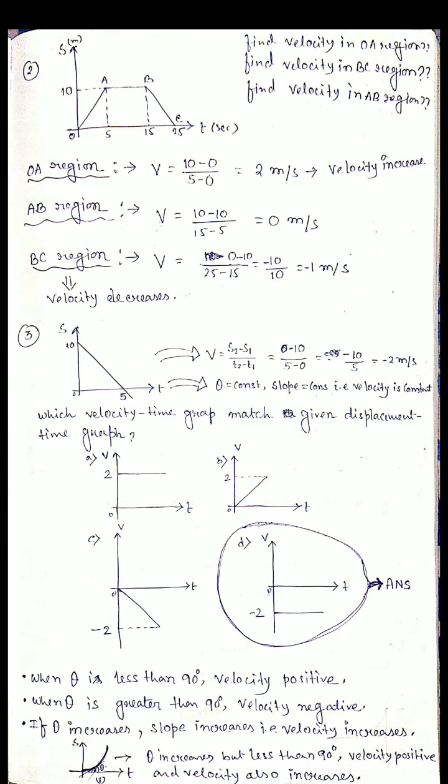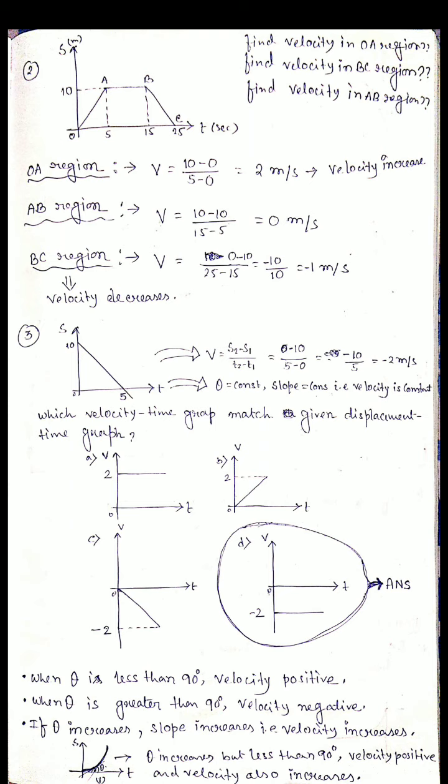Okay, so from here we conclude something about when theta is less than 90 degree. How do we understand? If we choose any point and draw a tangent there, that tangent makes an angle with the x-axis, and from that we can understand whether it is 90 degree, less than 90 degree or greater than 90 degree.